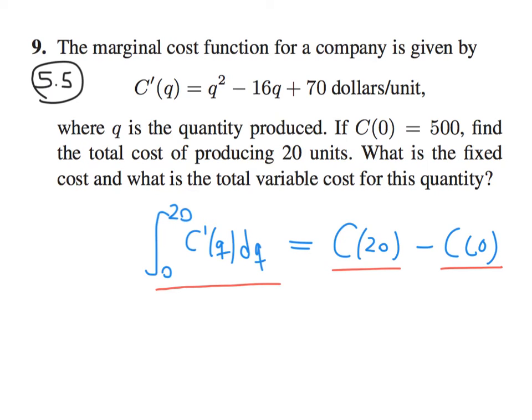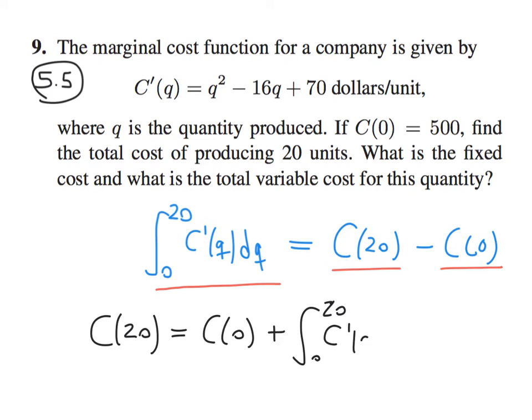We just need to rearrange these expressions here, right? So let's do this. We can write C of 20 as C of 0 plus the integral from 0 to 20 of C prime of Q dQ.